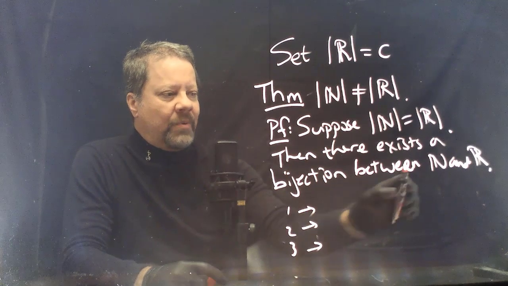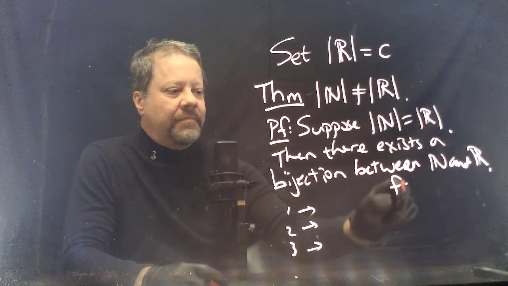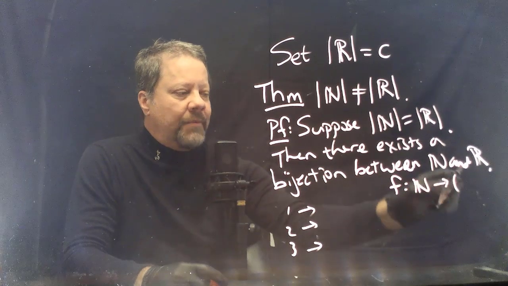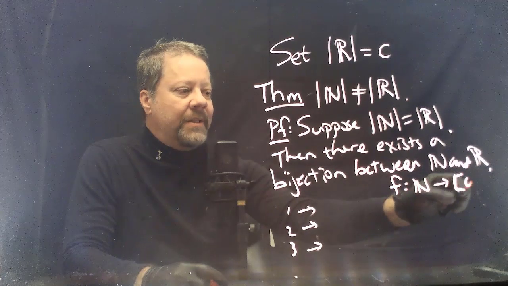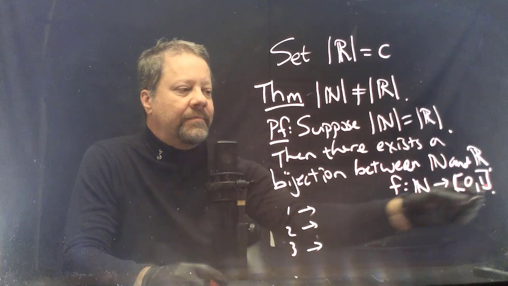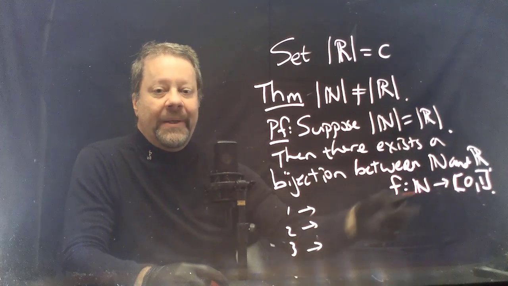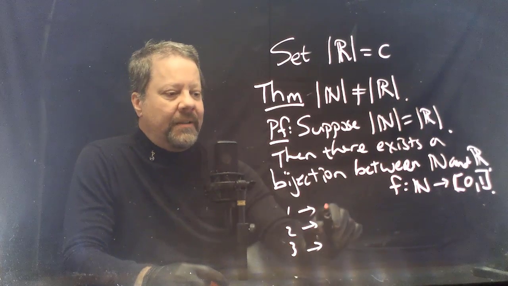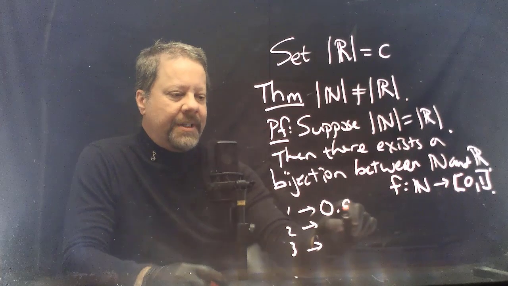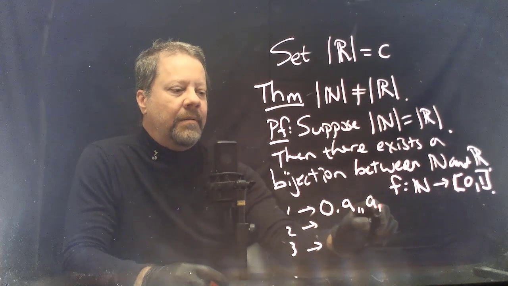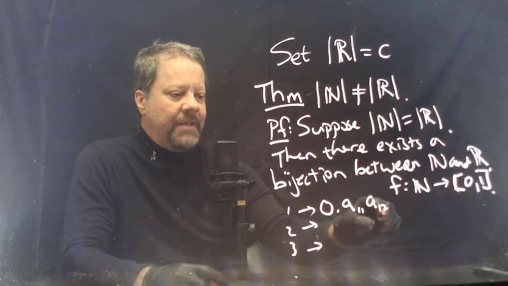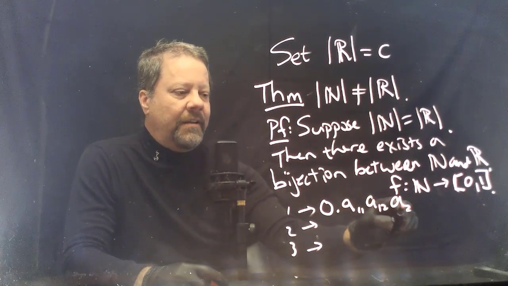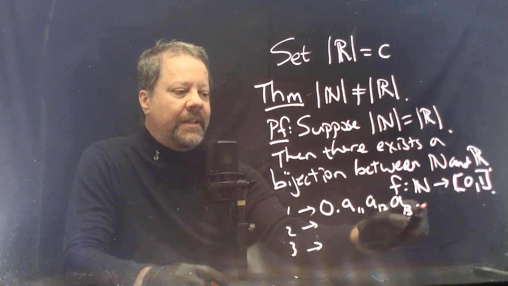We're going to take our function f, and we're not going to cover all of R. We're only going to cover things between 0 and 1. So we're only going to output numbers between 0 and 1. And those numbers always have a decimal representation. This is my first number and its first digit, my first number and its second digit, first number and third digit, and so on.